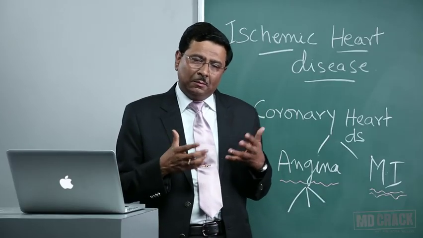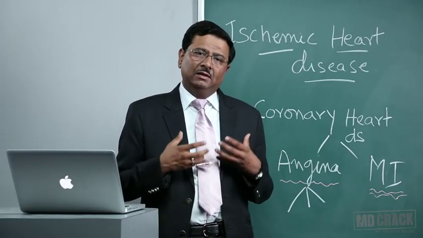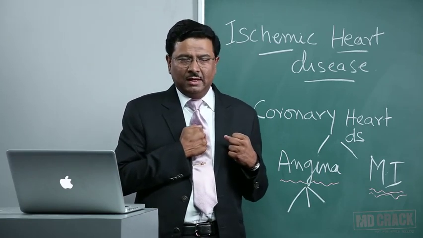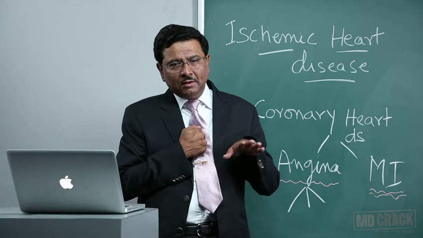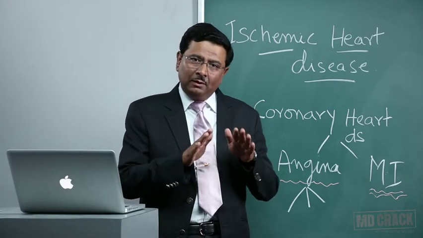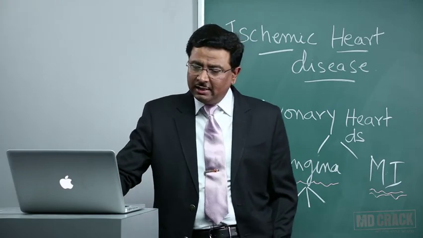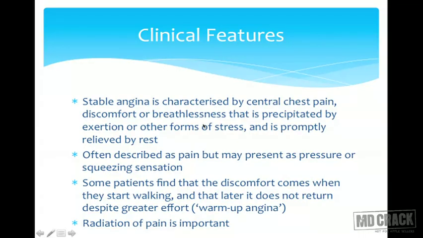The important part is the patient gives you a typical history that whenever he exerts, he gets typical pain which is substernal, right? And whenever the patient takes rest, this pain goes away on its own. So an important feature of stable angina is pain which is promptly relieved by rest.